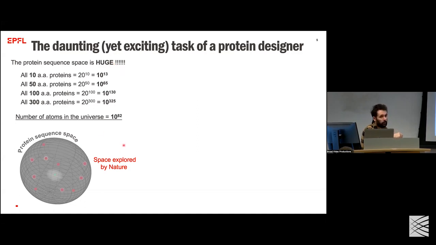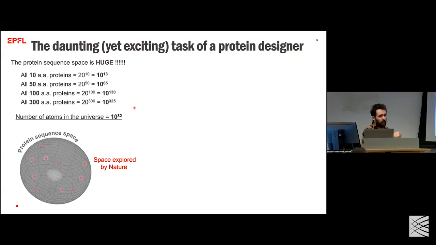Now, if you would like to frame this problem in terms of a sequence and structure space, let's for now think about the sequence space. You could think that nature has sampled this space only at small islands, and that's what the exercises of sequencing, genomics and metagenomics have taught us as we gather more and more sequence data.